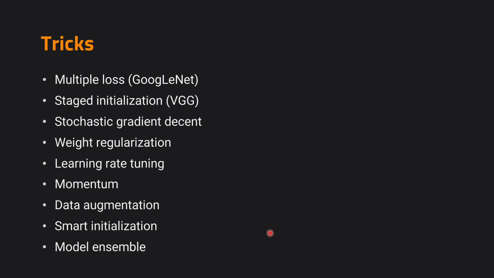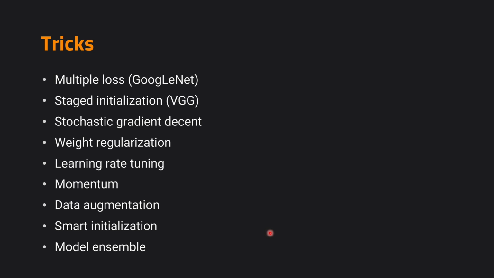And at the same time, people have tried a lot of different options, but there are several tricks you can still find useful when you want to train your own network or try out some novel network structures. First of all, you may be able to use multiple losses at different levels of the network, or you can use multiple heads at the end of the network to jointly train the model.